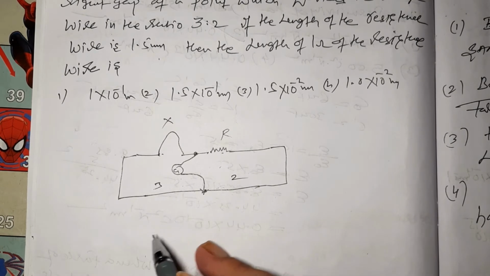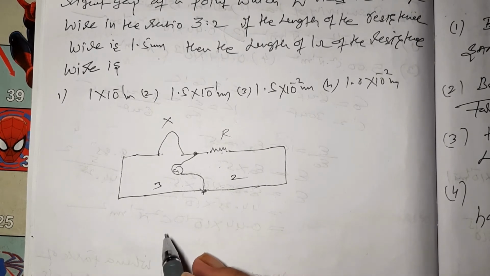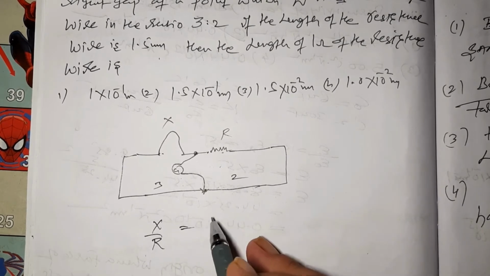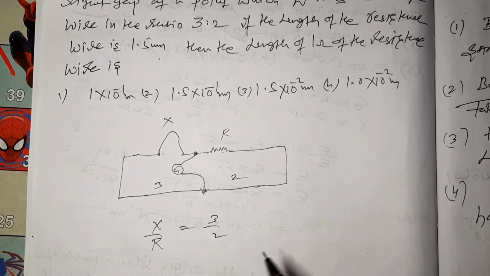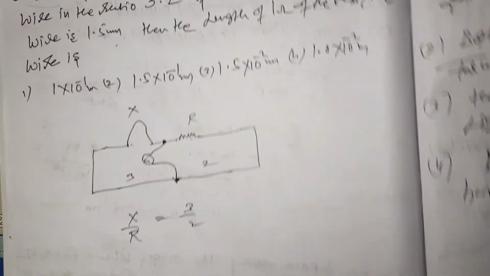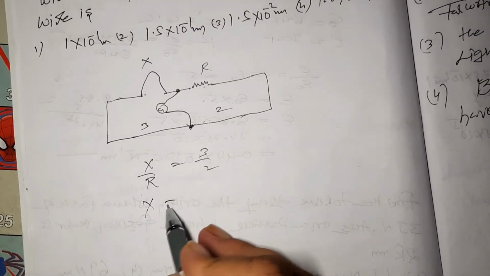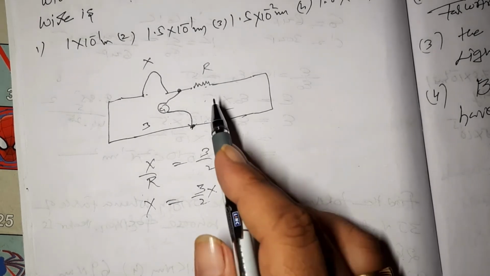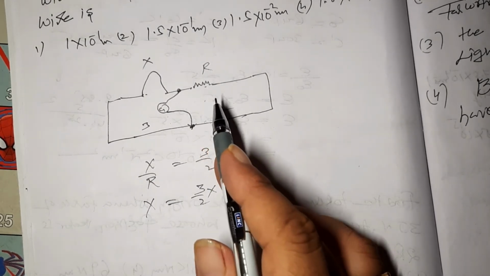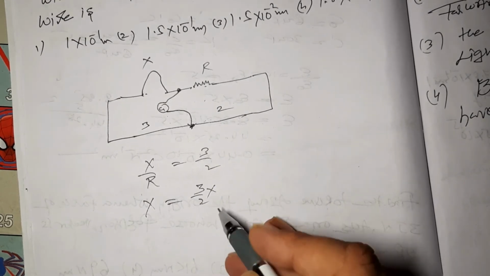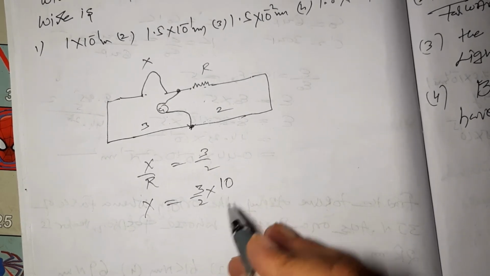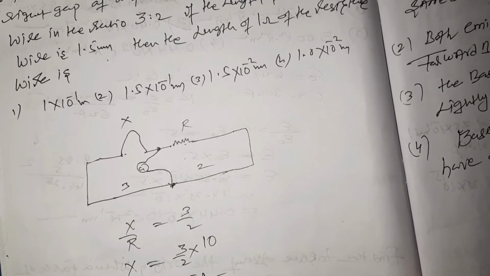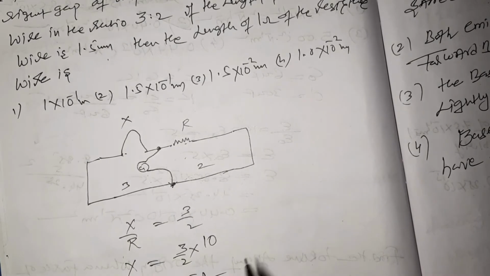Now in the meter bridge there is a formula, X by R is equal to L1 by L2, that is 3/2. Okay. Now X is equal to 3/2 into R. What is the value of resistance here? 10 ohms. So the unknown resistance is 15 ohms. So now the resistance of this wire is 15 ohms.